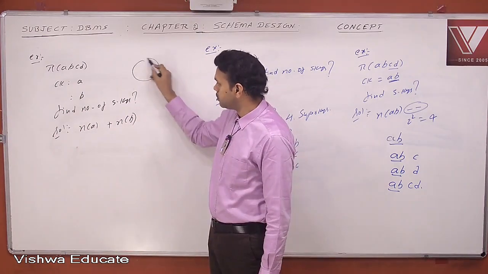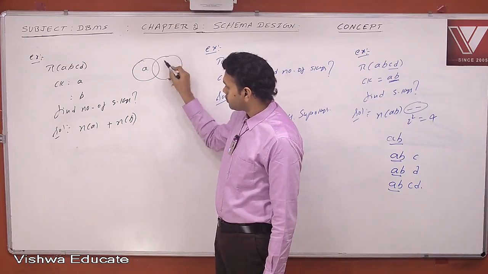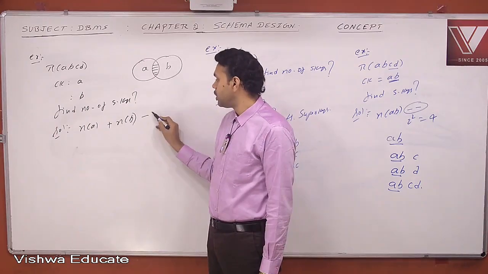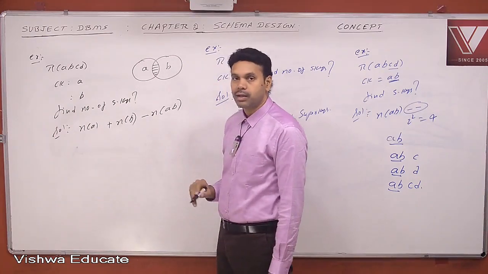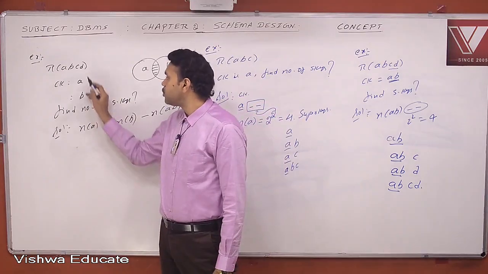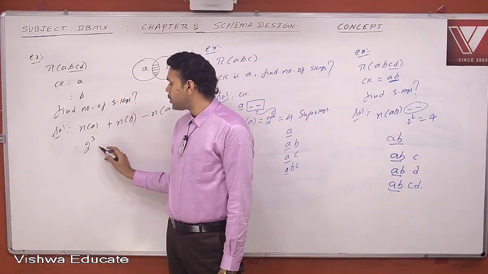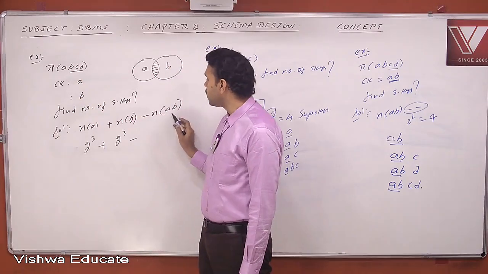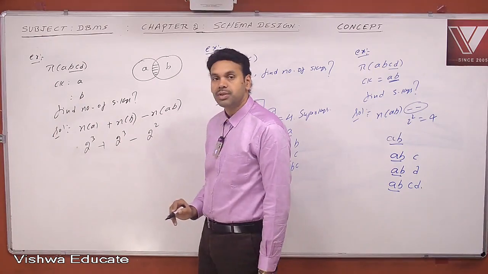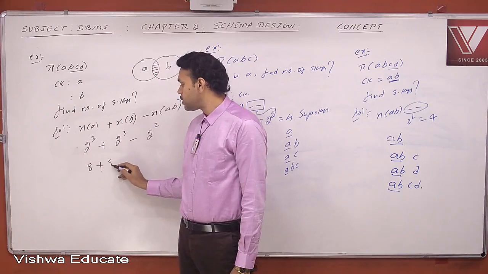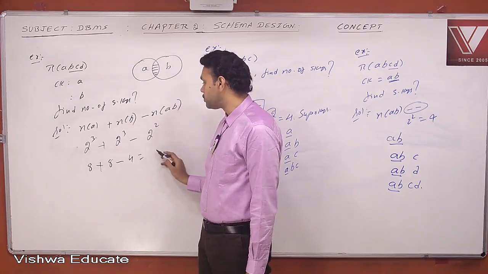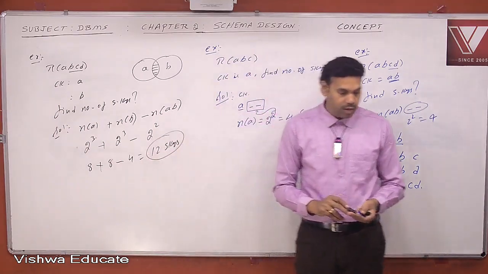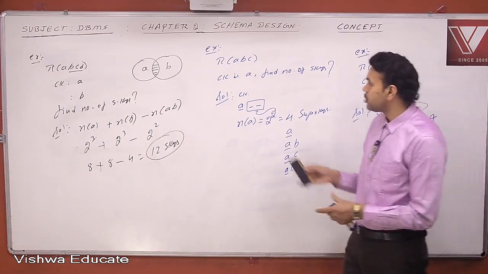Why? Because these are A candidate keys, these are B candidate keys, and there is a common between them. That common you have to subtract. So n of A, how many combinations? 2 power 3 combinations. N of B, how many combinations? 2 power 3 combinations. N of AB, how many combinations? 2 combinations. So 8 plus 8 minus 4 equals 12 super keys. What are the 12? I will show you.